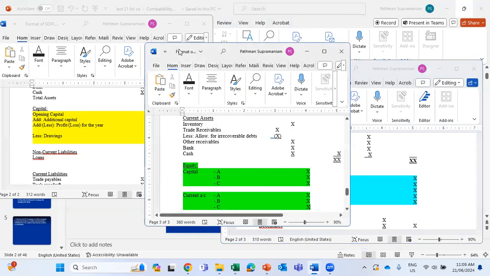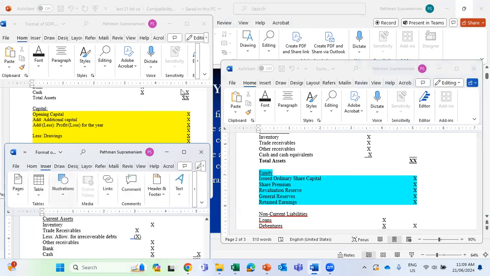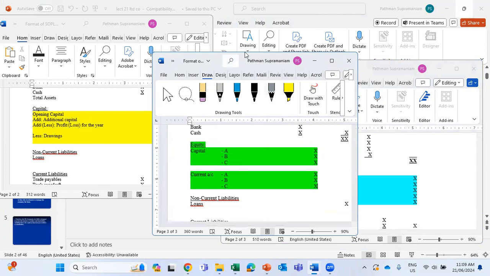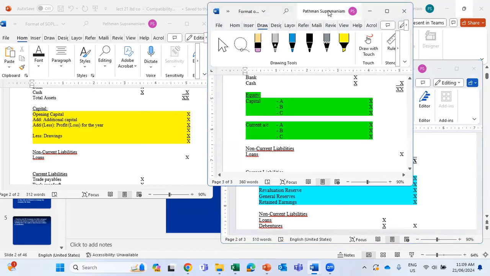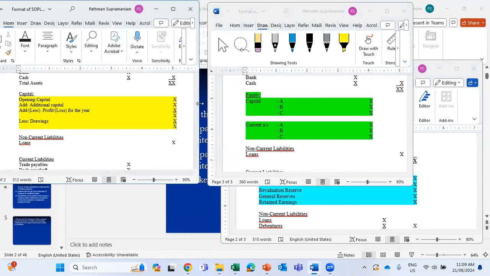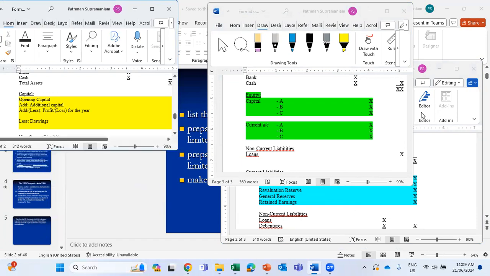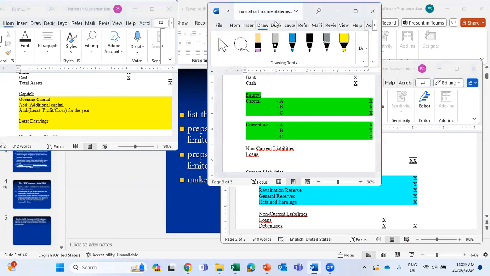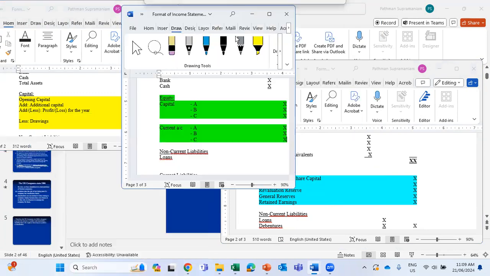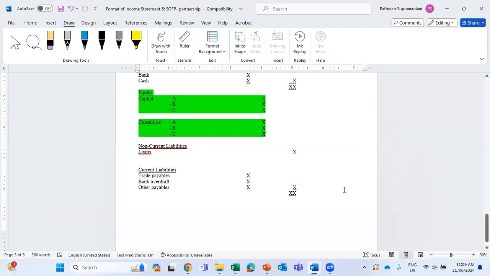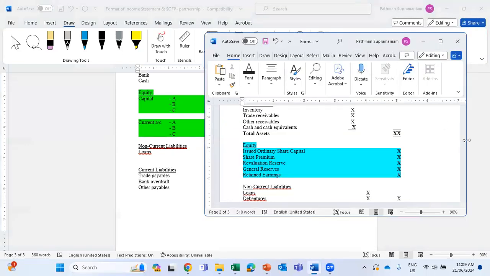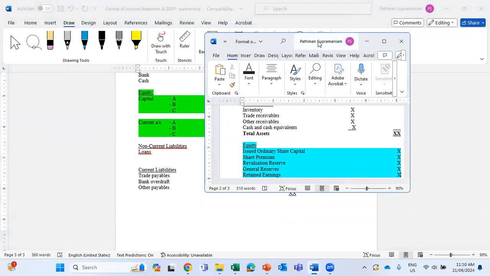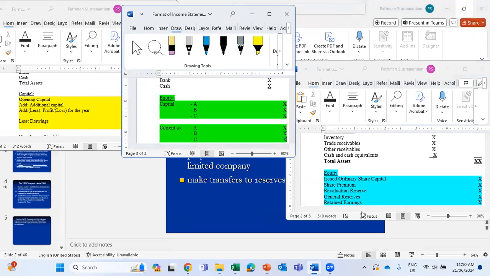Let's put them side by side. Right, it's just the wording.